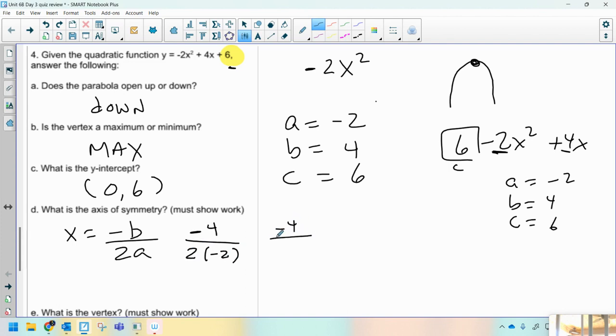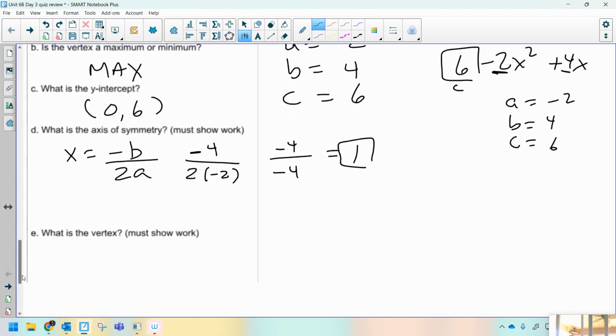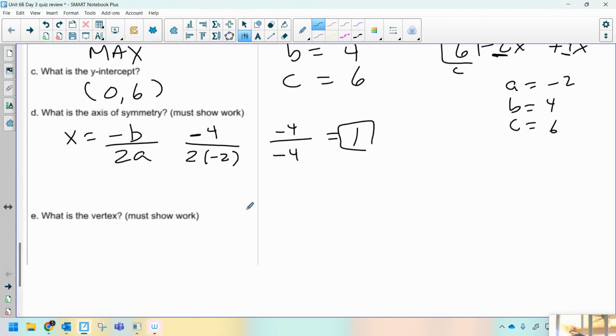What's negative 4 divided by negative 4? Because 2 times negative 2 is a negative 4. Anytime you have a fraction with the same number on the top and same number on the bottom, that's going to equal a positive 1, as long as the signs are the same. All right. So our axis of symmetry is x equals a positive 1.